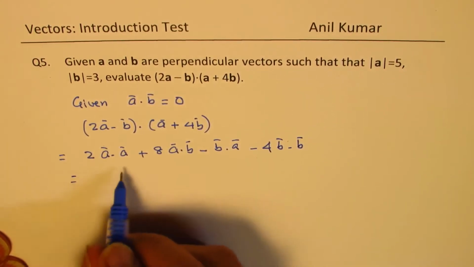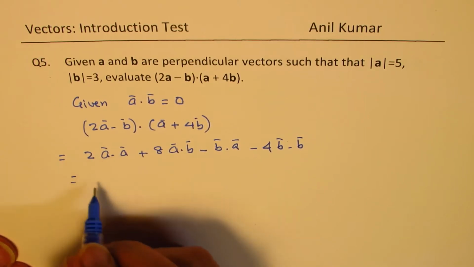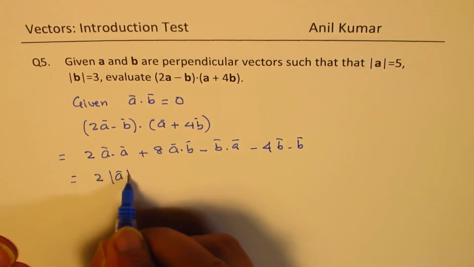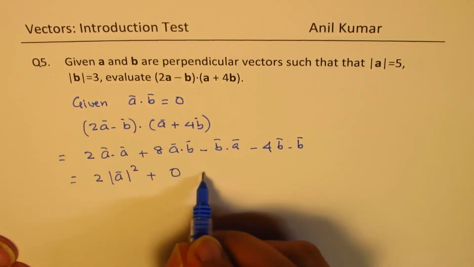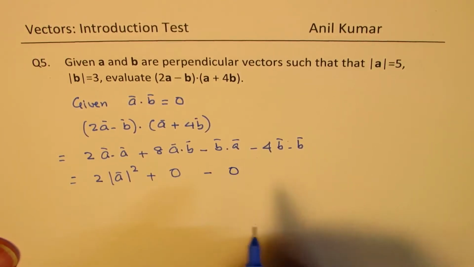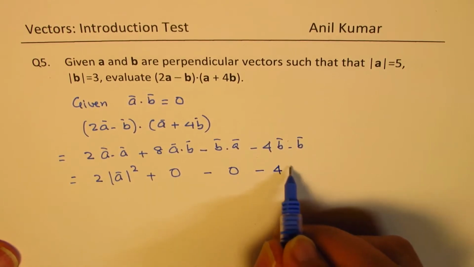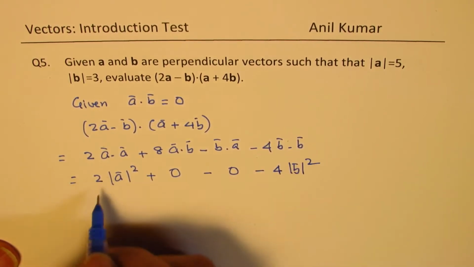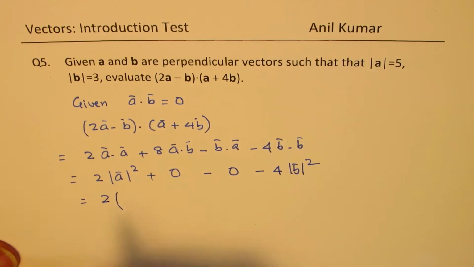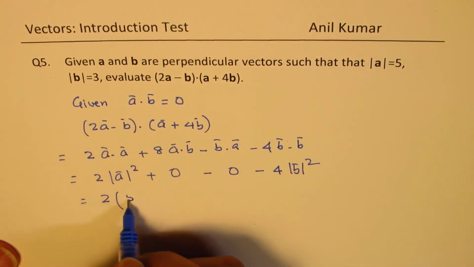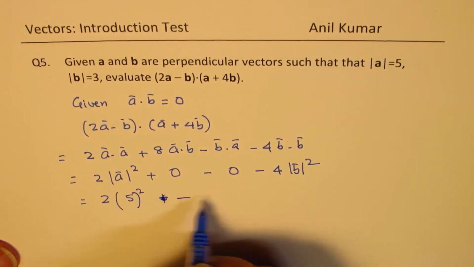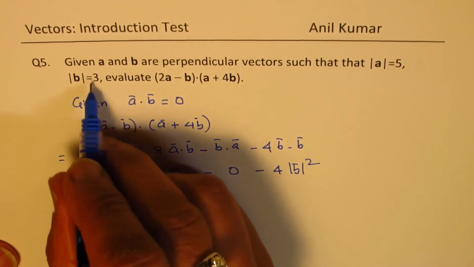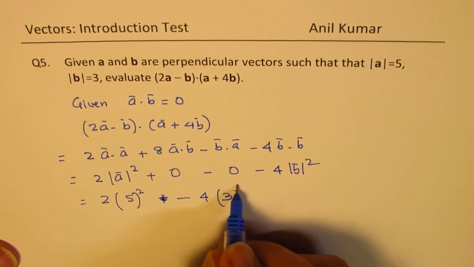Correct? Now a dot a is magnitude of a squared. And a dot b is given to us as 0. And here we get 4 times the magnitude of b squared. Clear? So we get 2 times magnitude of a, which is 5, squared, minus 4 times magnitude of b, which is 3, squared.